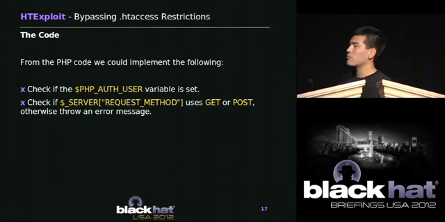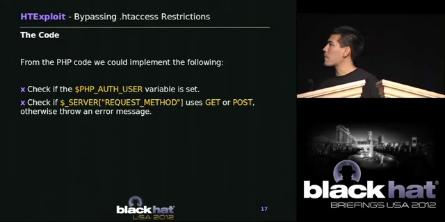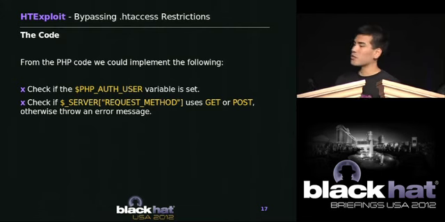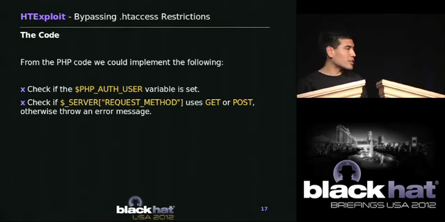If you are a developer, in your PHP code, you will check, for example, the PHP auth user, and then you must check, for example, the server request method and see if it is GET or POST, and only then accept the request.